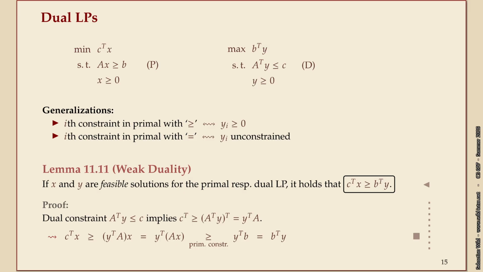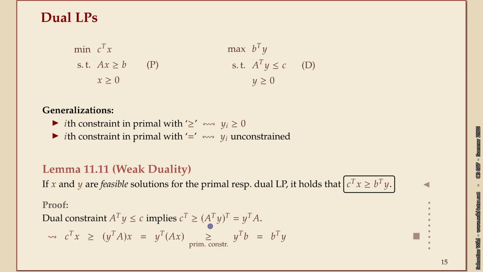That's called weak duality, and it's a simple consequence of the definitions. You can prove it in general on this normal form as follows. If you take the dual constraint, A transposed Y less than C, transpose the inequalities. These are element-wise inequalities on the vector, so you can transpose that, and the inequalities couldn't care less, I guess.